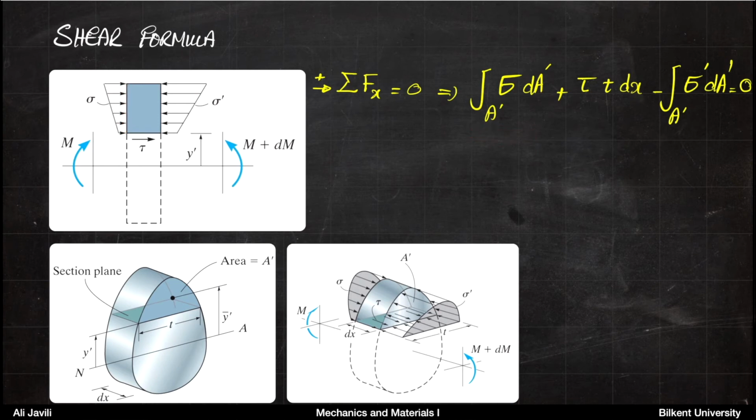On the right hand side, the force would be sigma prime dA prime integral over A prime, but now it's with a minus sign because this would be in the opposite direction. Okay, so these two are simple.